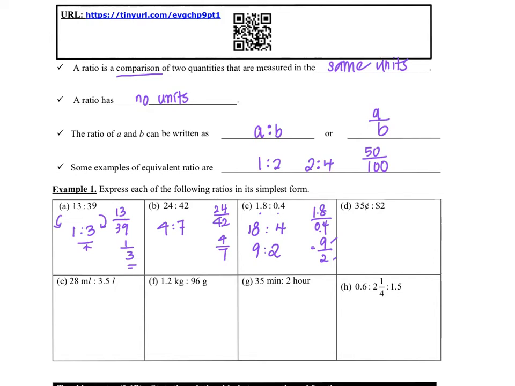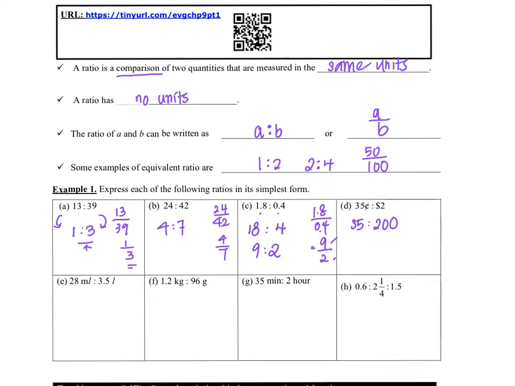Well, I can change everything into dollars, then I'll probably get decimal places. Or I can change everything into cents also. So in this case, I'm going to keep 35 cents. And $2, $1 got how many cents? 100 cents. So 200 cents. So I can divide both sides by 5.